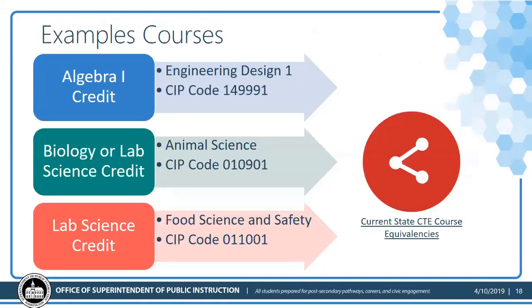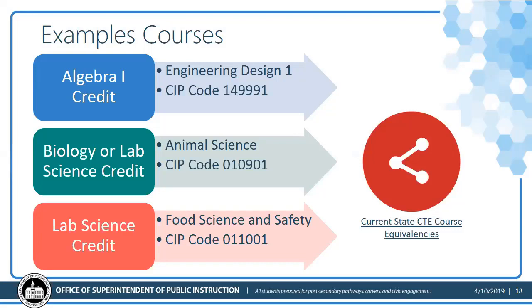So I have some example courses of courses that are already currently state CTE course equivalencies. So for example, Engineering Design 1, if adopted as a state equivalency under the CIP code 149991, would be an Algebra 1 credit. So the students that take that Engineering Design 1 course as designed in the state CTE course equivalency could earn that Algebra 1 credit.